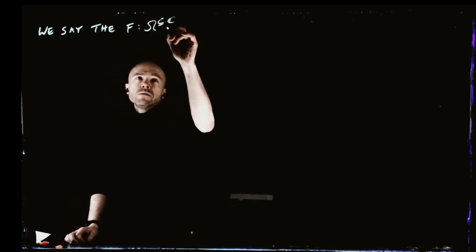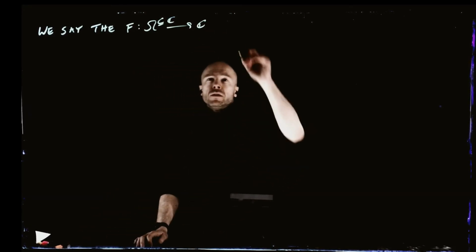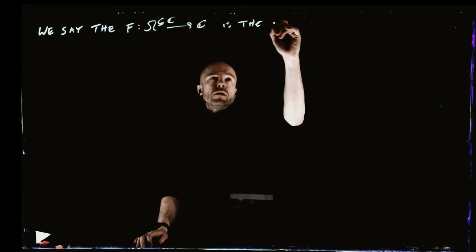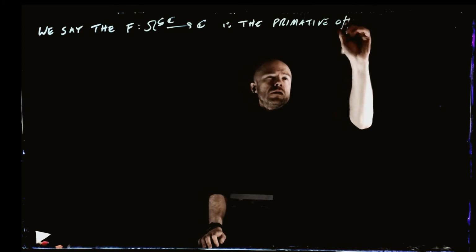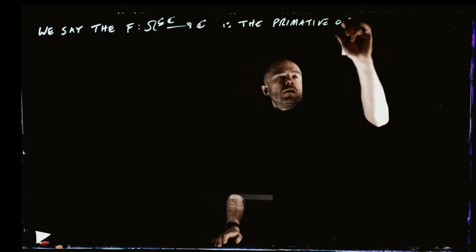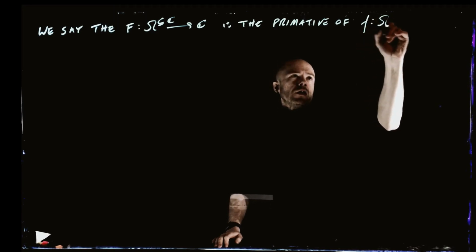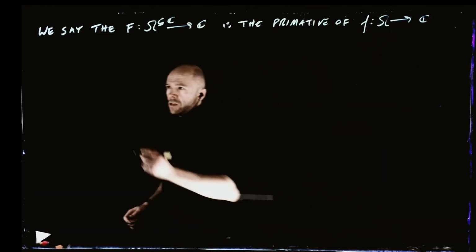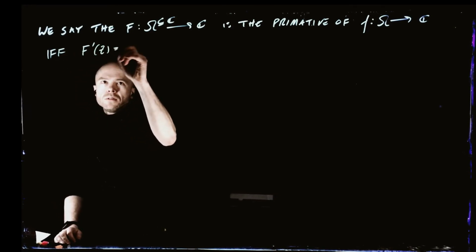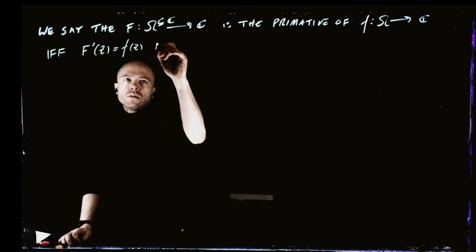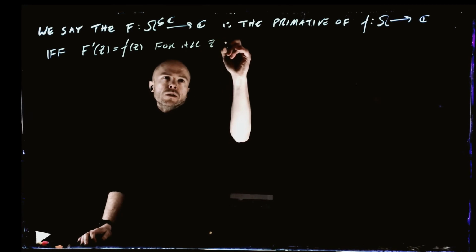So we say that capital F from some subset of the complex numbers, we're always going to take open subsets, is a primitive of little f from the same set, just as you might expect, if and only if the complex derivative equals this, for all z belonging to omega.